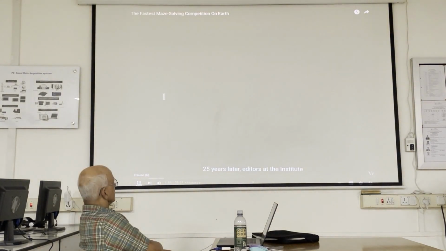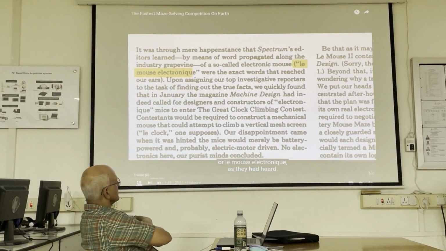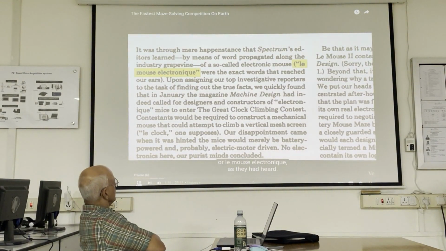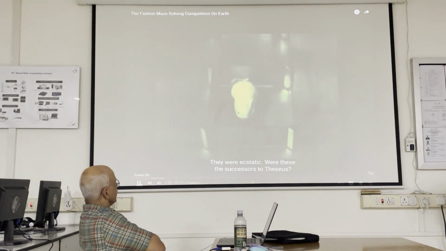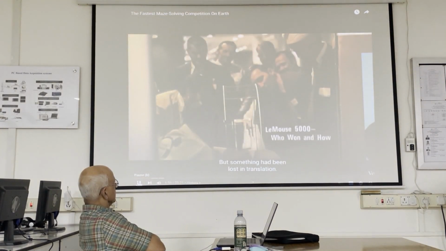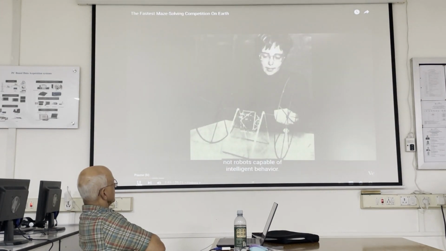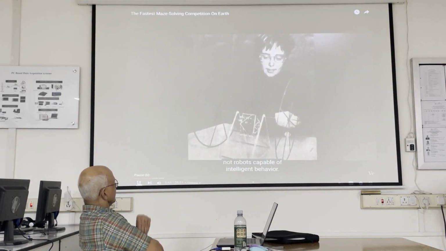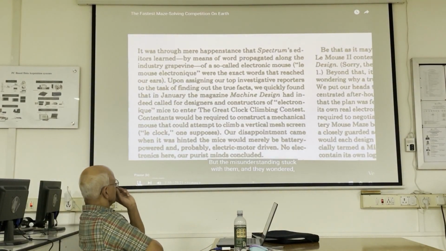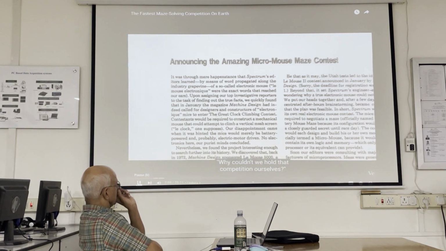25 years later, editors at the Institute of Electrical and Electronics Engineers, or IEEE, caught wind of a contest for electronic mice, or Le Mouse Electronique, as they had heard. They were ecstatic. Were these the successors to Theseus? But something had been lost in translation. These mice were just batteries in cases, not robots capable of intelligent behavior. But the misunderstanding stuck with them, and they wondered, why couldn't we hold that competition ourselves?